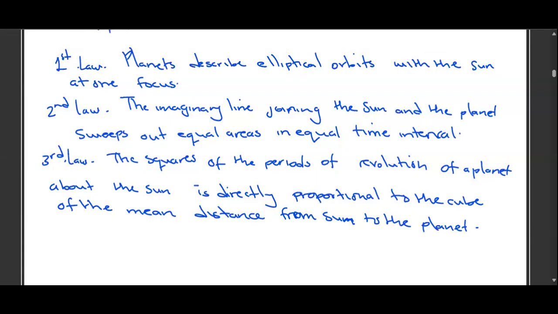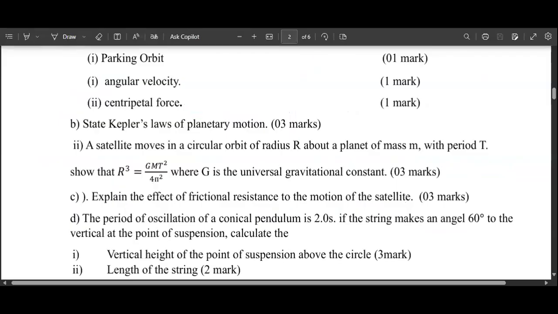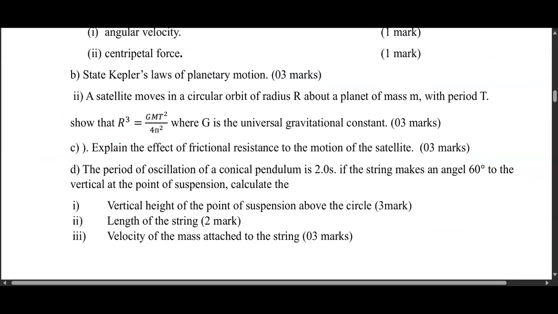Those are the three laws of planetary motion. Now, part 2, number 2 of part B: a satellite moves in a circular orbit of radius r about a planet of mass M with the period T. Show that r cubed is equal to GMT squared divided by 4 pi squared.